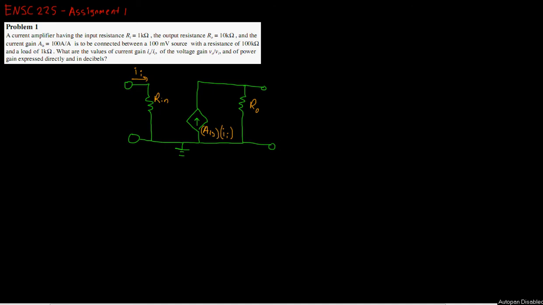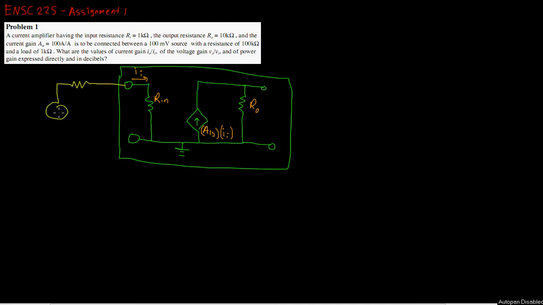So we'll just draw it inside a little green box so you know that that's what that is. And then everything outside the green box is going to be the rest of the circuit. So it's hooked up to a voltage source with a resistance R_sig, and you've got V_sig here. That's just some standard notation.